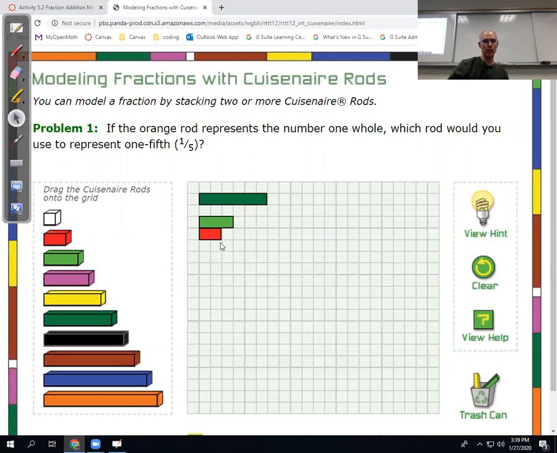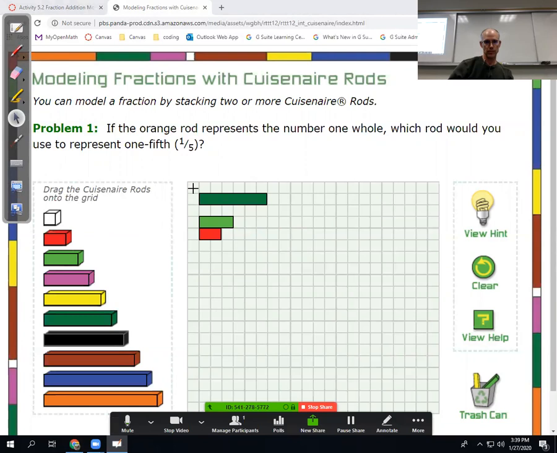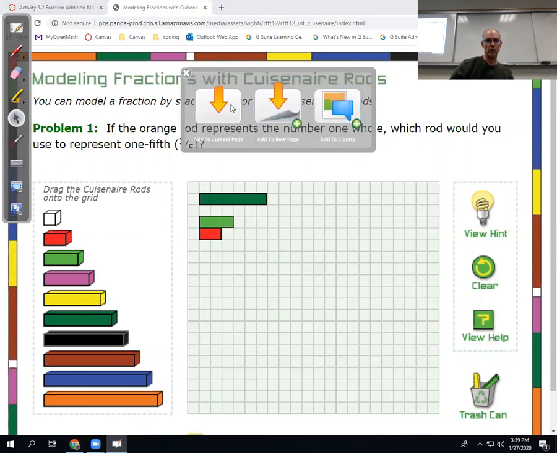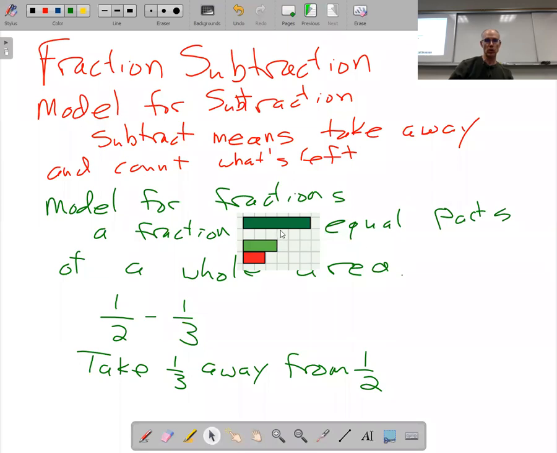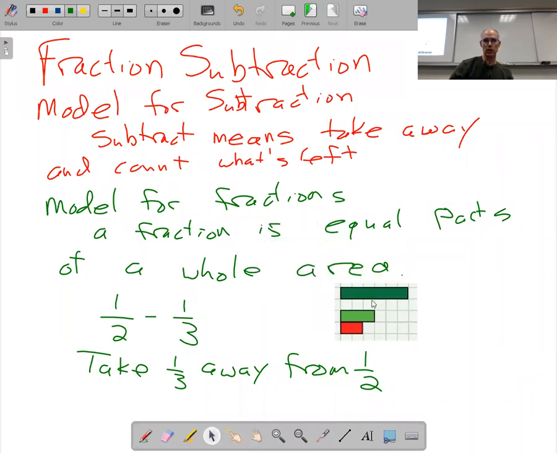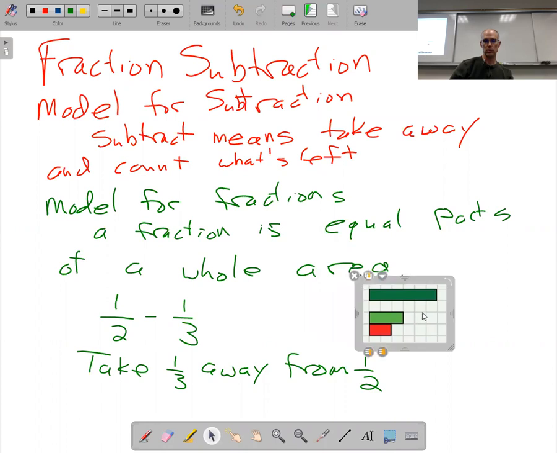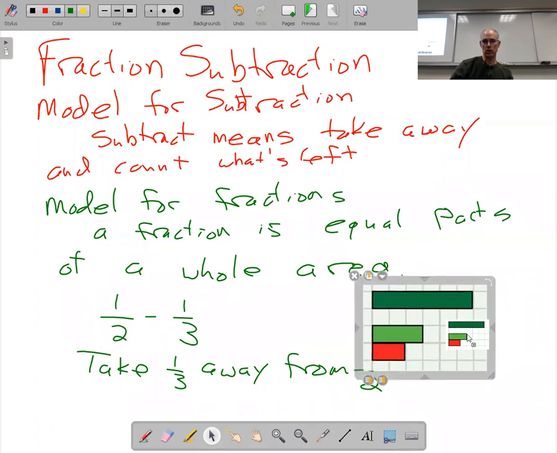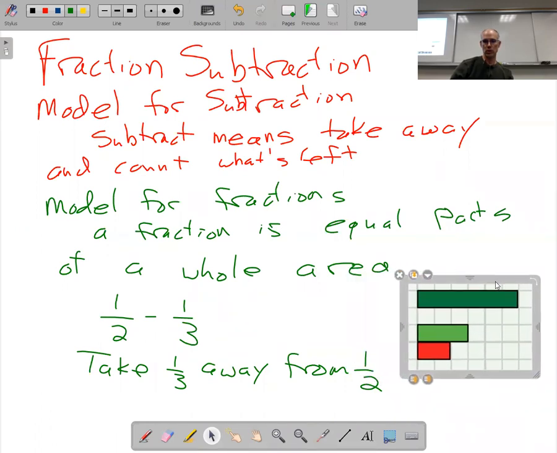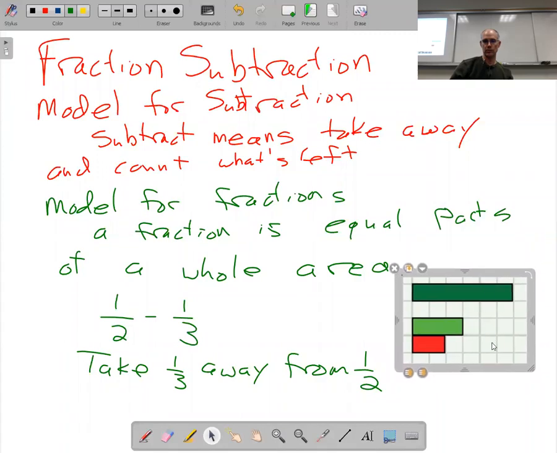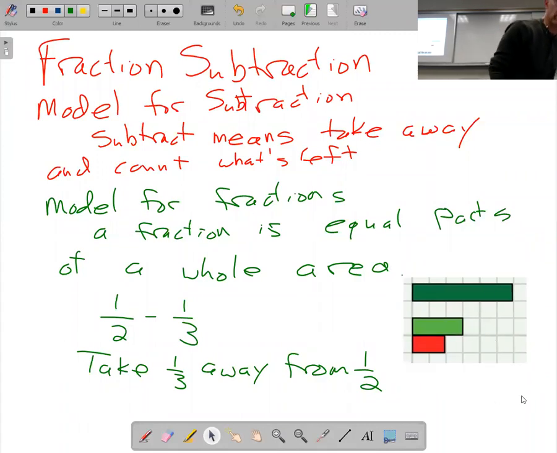So maybe we'll line them up like that. And so we want to draw this to the best of our ability or get the toys out. Okay, that's what we have to work with.